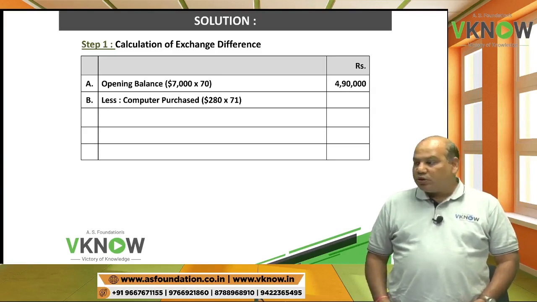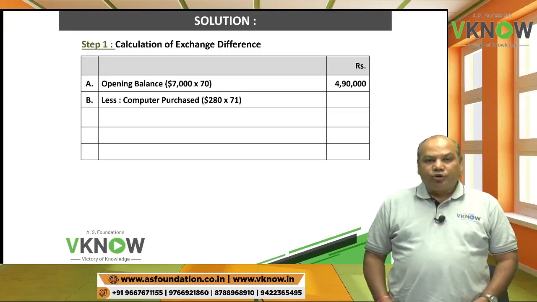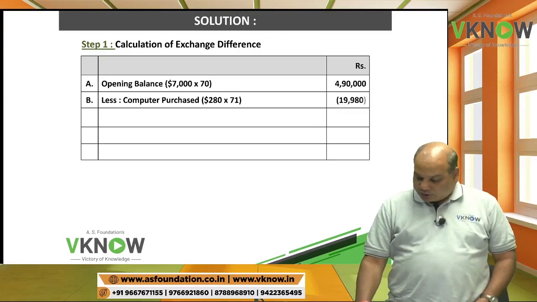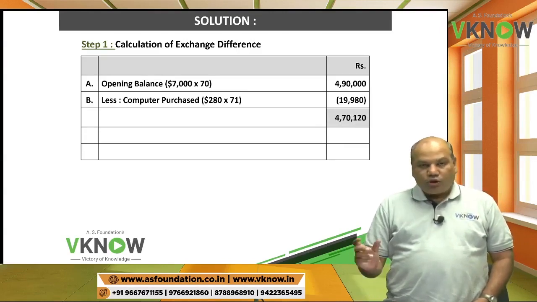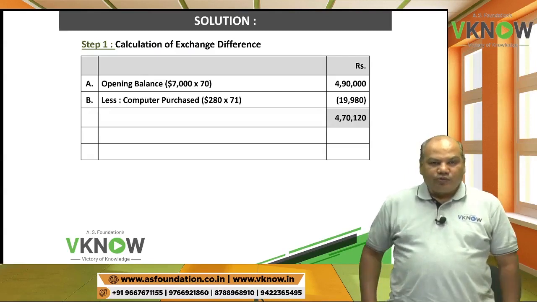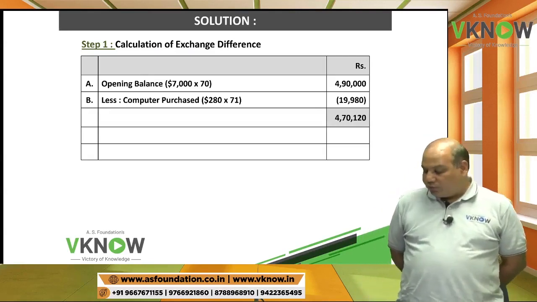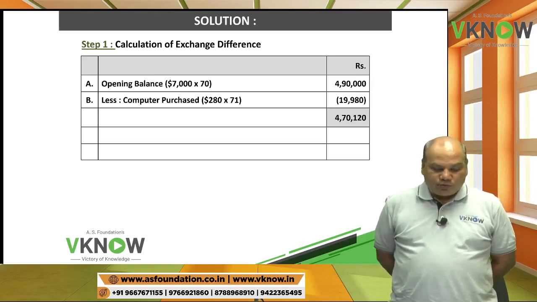When we purchased the computer, the rate was 71. Multiply $280 into 71, and that is equal to 19,980. So now the bank balance in the books will be 470,120.